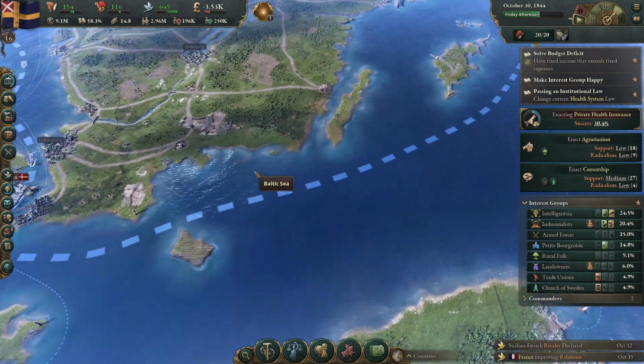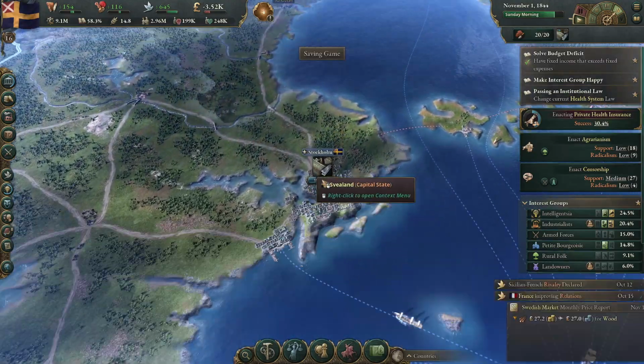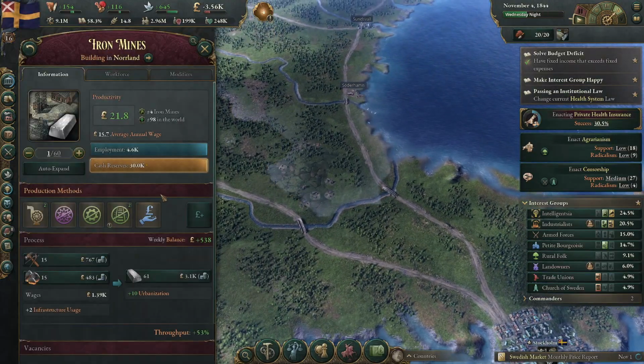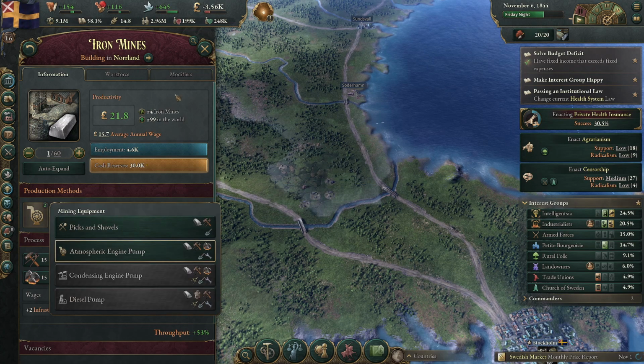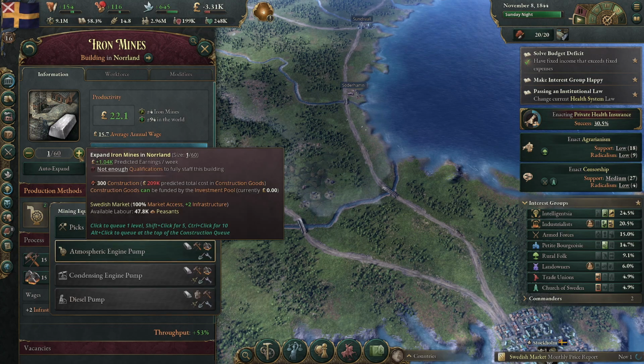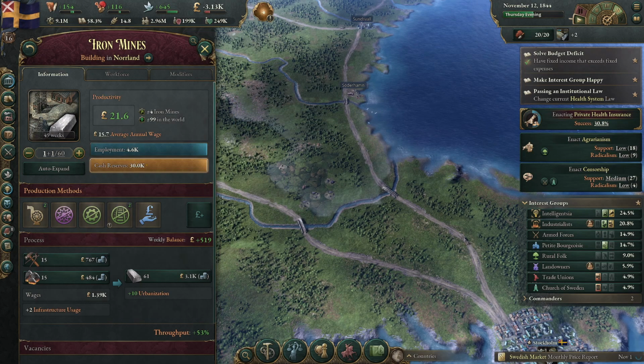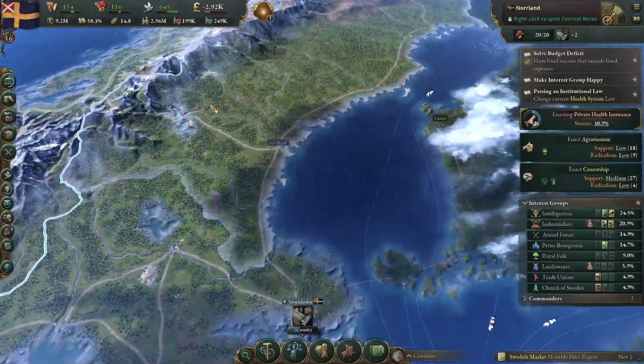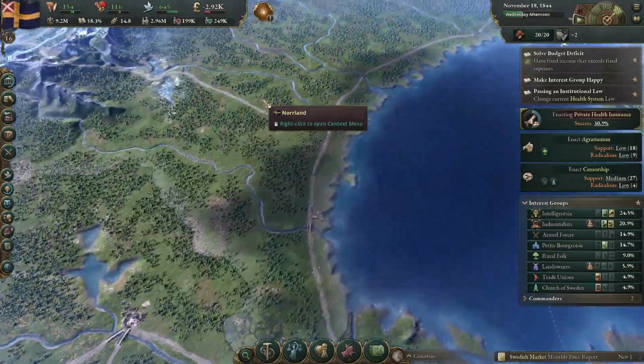But the trouble is iron is still expensive. So I'm kind of wondering, we're using atmospheric engines. I think we can throw that iron mine here. This is where we've got the bonus for the bits and pieces.